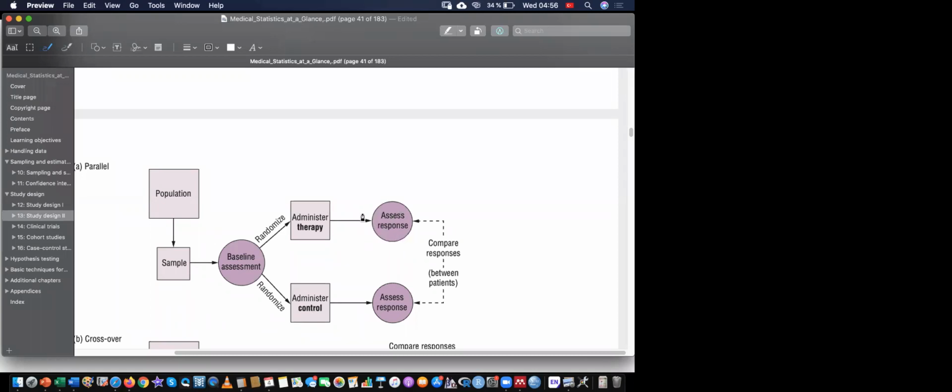After a few weeks, let's say 1 or 2 weeks of therapy, you measure the blood pressure again, and you will have different mean blood pressures between the study and control groups, of course, and you compare them. By comparing, you try to understand whether there is a significant difference between the drug A group and the drug B group in decreasing blood pressure. This is the classical parallel study design.